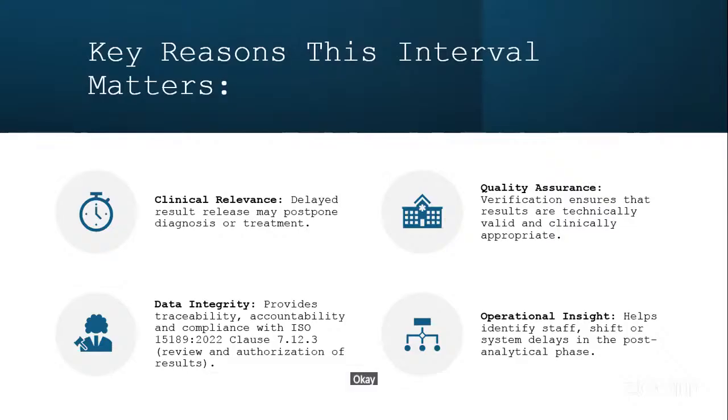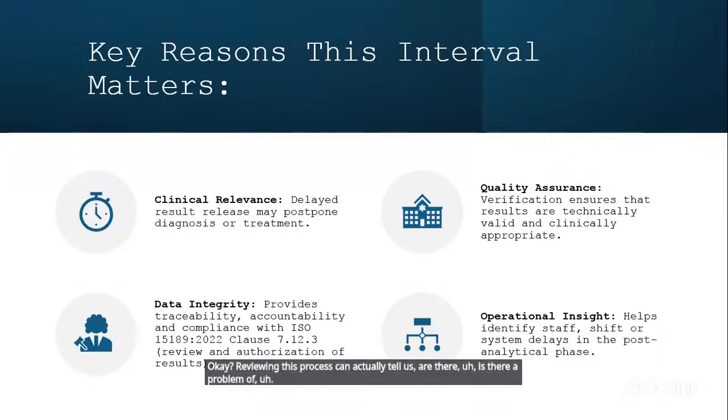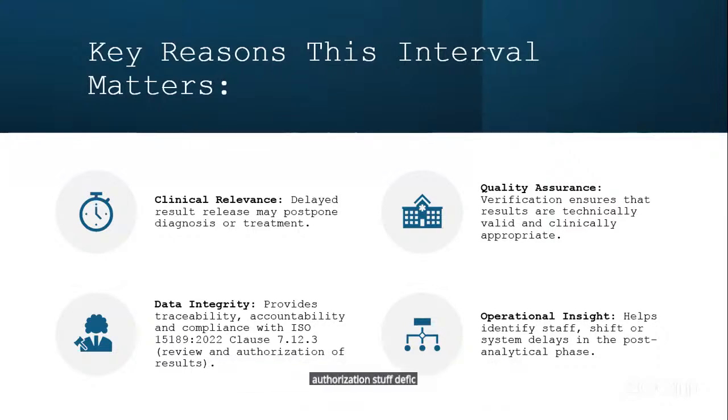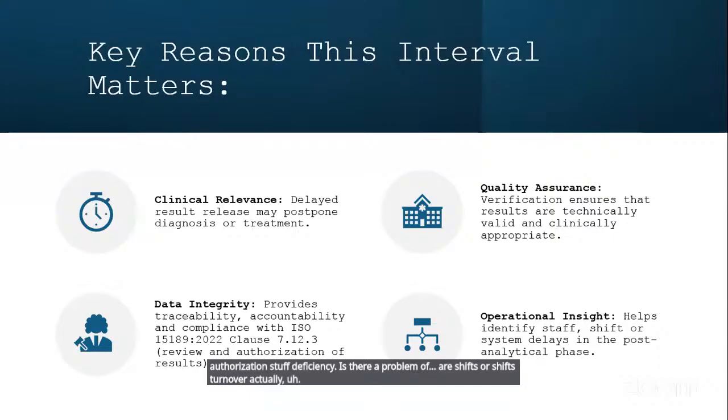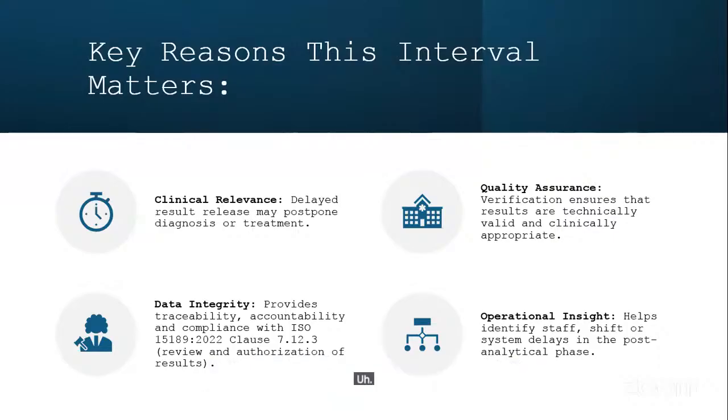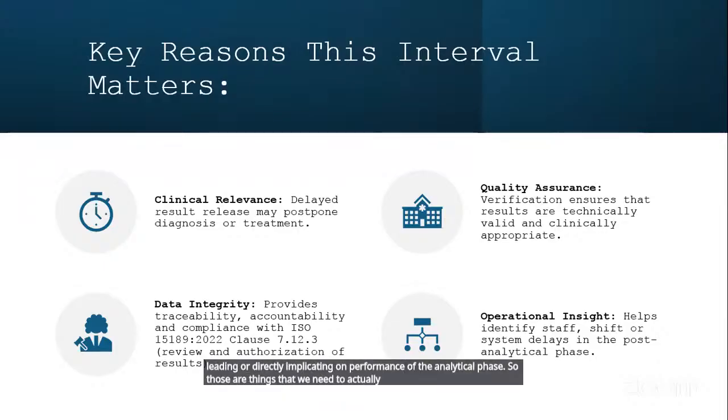Reviewing this process can actually tell us, is there a problem of authorization staff deficiency? Is there a problem of shift turnover actually directly implicating the performance of the analytical phase? Those are things that we need to actually focus on and see.